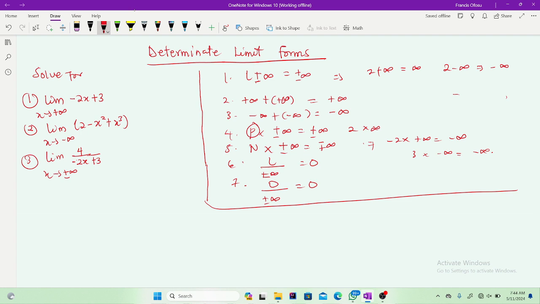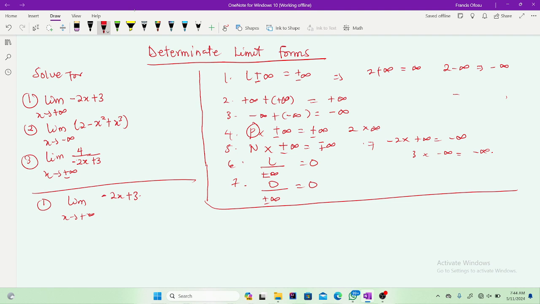I have a problem here for us to apply these determinate forms. The first one: find the limit as x approaches positive infinity of negative 2x plus 3.